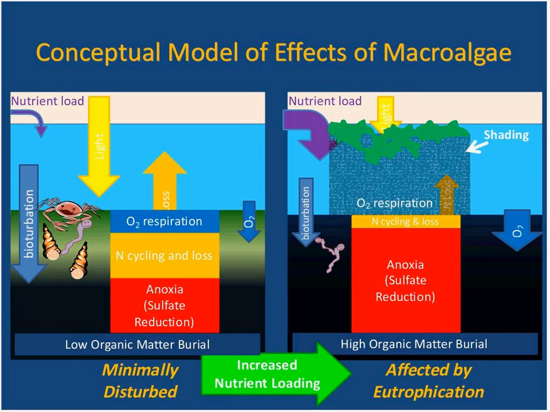As nutrient load increases, to the right-hand side with the big purple arrow, you get these big rafts of macroalgae that often block the light and stop oxygen production at the surface of the sediments.